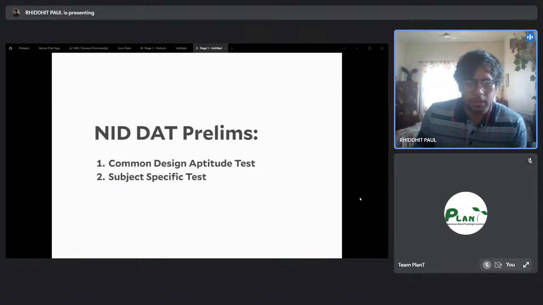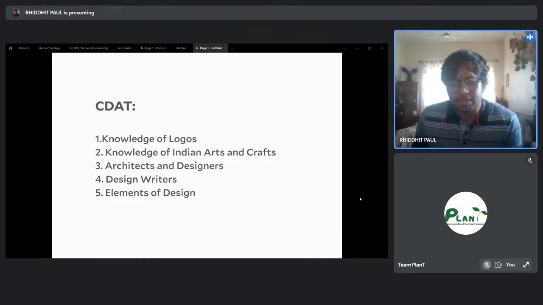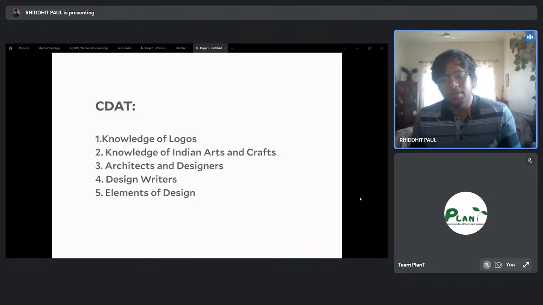So yeah, NID DAT prelims is divided into two parts. As I mentioned, the common design aptitude test, and then there's a subject specific test. In the common design aptitude test, some of the things may be knowledge of logos, knowledge of Indian arts and crafts, architects and designers, design writers, elements of design, but there's really nothing fixed.